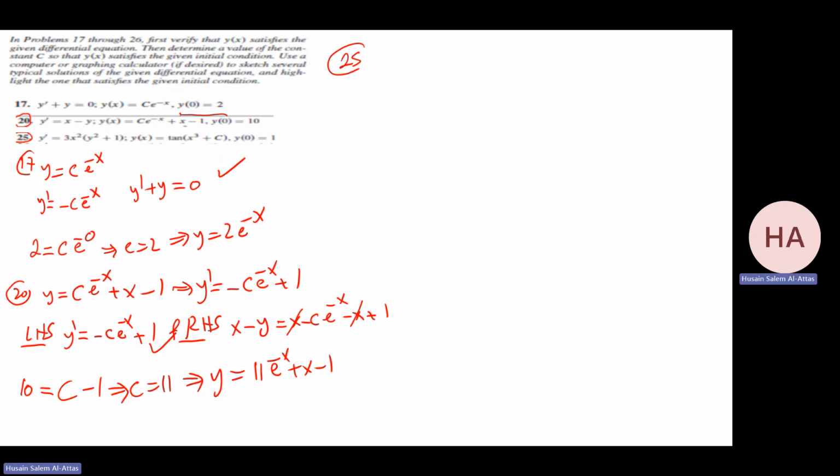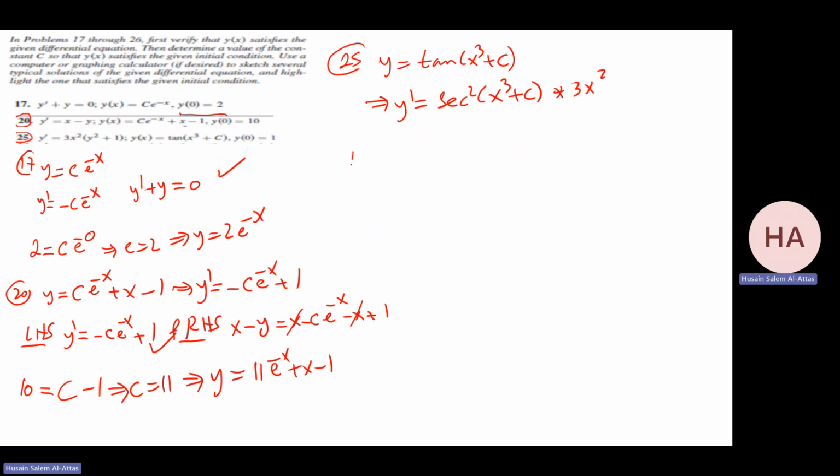25. y equal. I think we did it here, but let me do the verification first. Plus c. So I have y prime is what? Secant squared x cubed plus c times 3x squared.